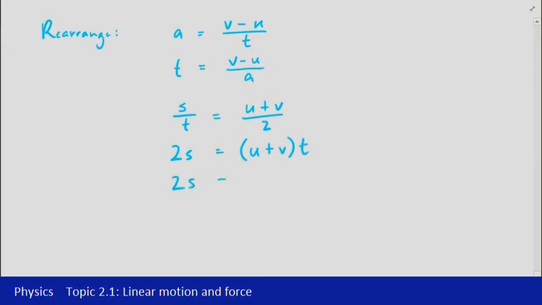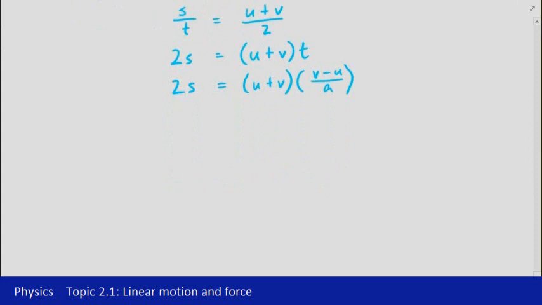Substitute in our value for t then, so we'd have u plus v multiplied by v minus u on a. So just substituting in for the value of t. Again, from here it's just a bit of algebra. We've got to divide by a on this side, so I'll multiply that up on the other side. So we've got 2as is equal to u plus v outside of v minus u.